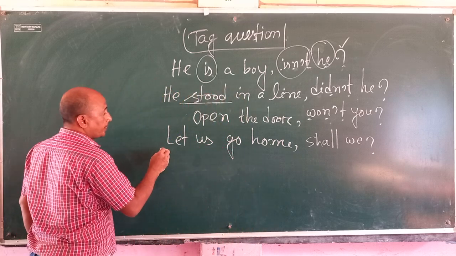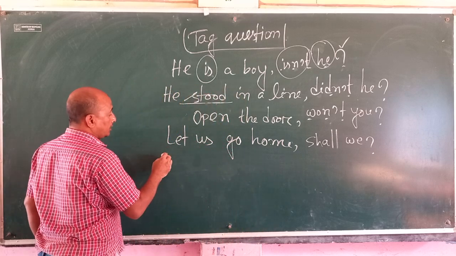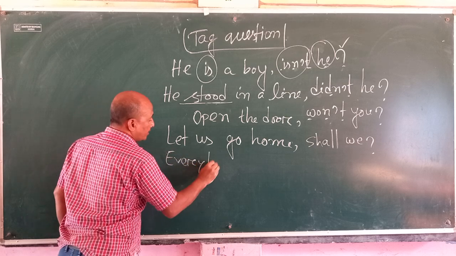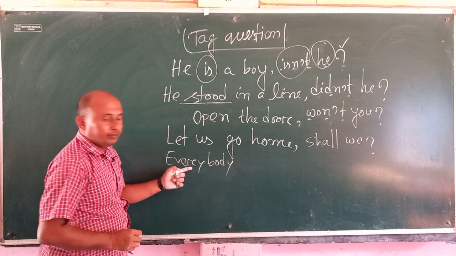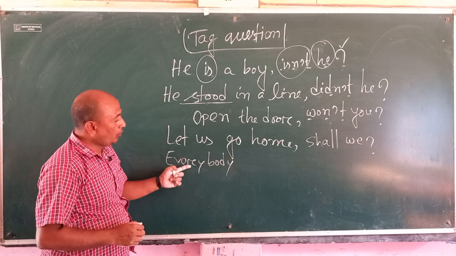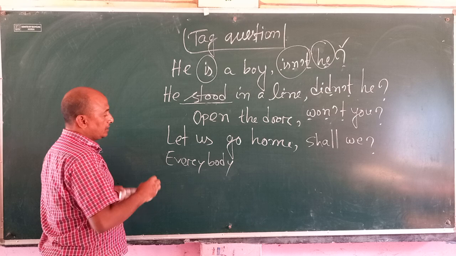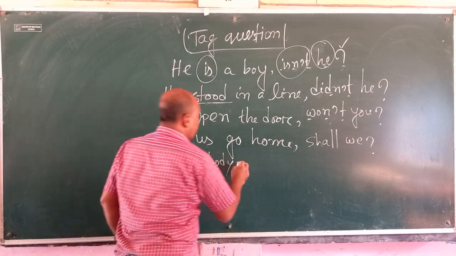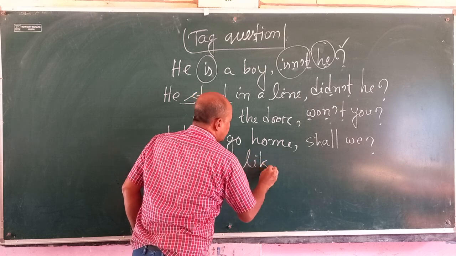If we see that the subject is everybody, anybody, anyone, nobody, no one, all, etc. Everybody likes flowers.